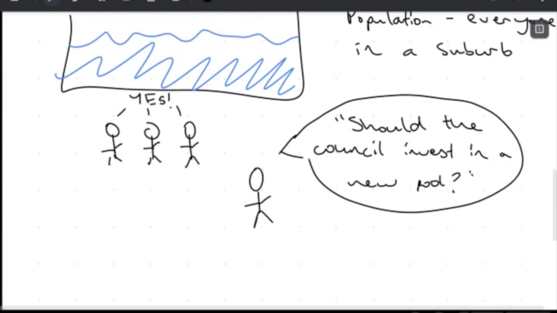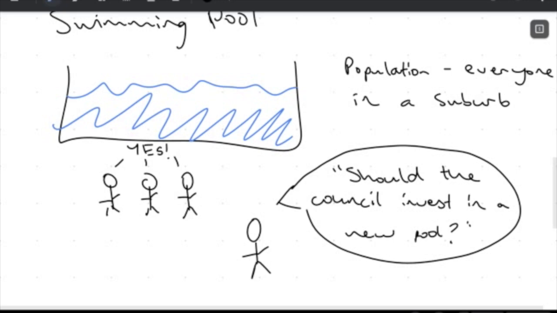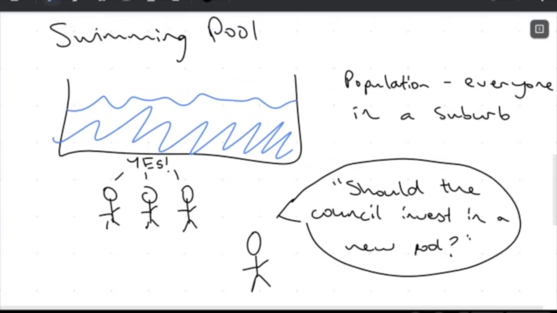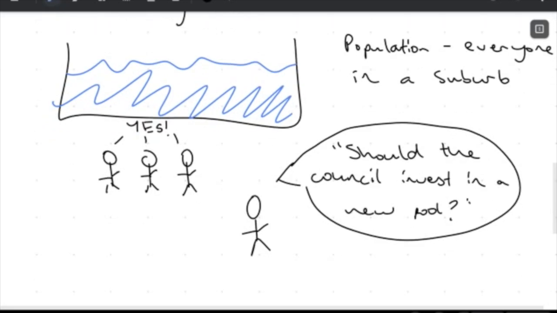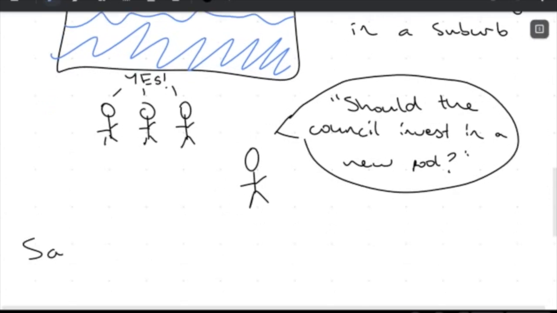Now this is great, and I'm sure a swimming pool could be beneficial in a community, but we have to be careful with the sample we're taking. So in this case, our sample is pool goers, people that go to the pool.